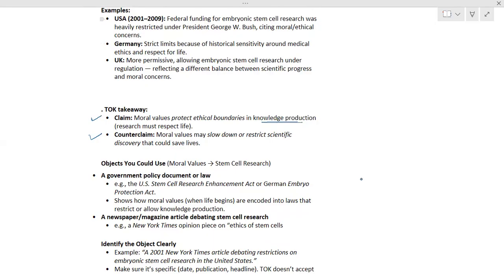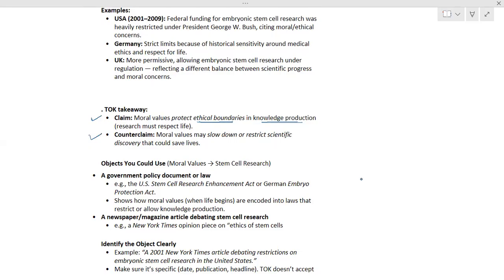Stem cell research helps find medicines and cures for diseases such as Parkinson's and diabetes. That cure would refer to knowledge production. But due to the moral values, there are ethical boundaries. And that is the claim that we have here.